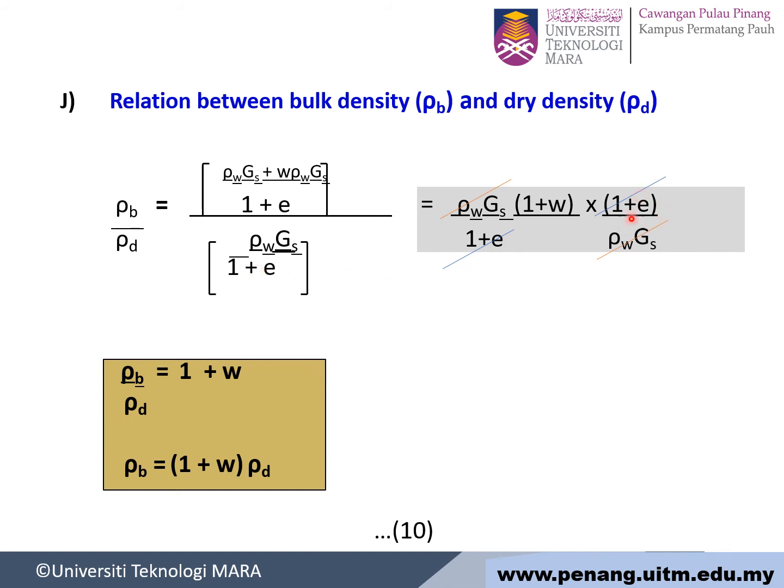So we cancel this one, and cancel 1 plus e with 1 plus e. So you only have rho bulk over rho dry is equal to 1 plus w. So rho bulk is equal to (1 plus w) times rho dry, or rho dry is equal to rho bulk over (1 plus w).